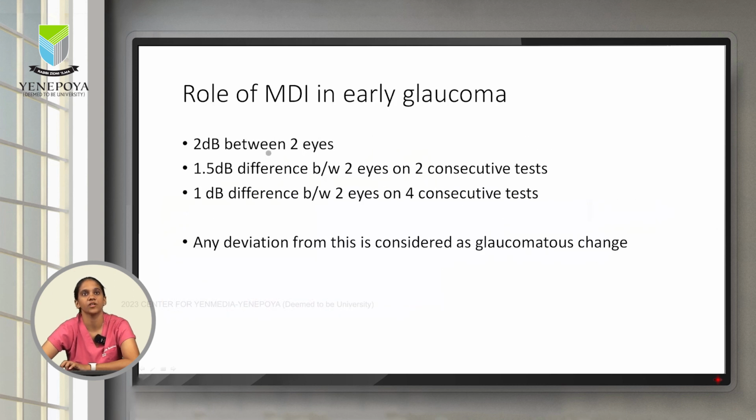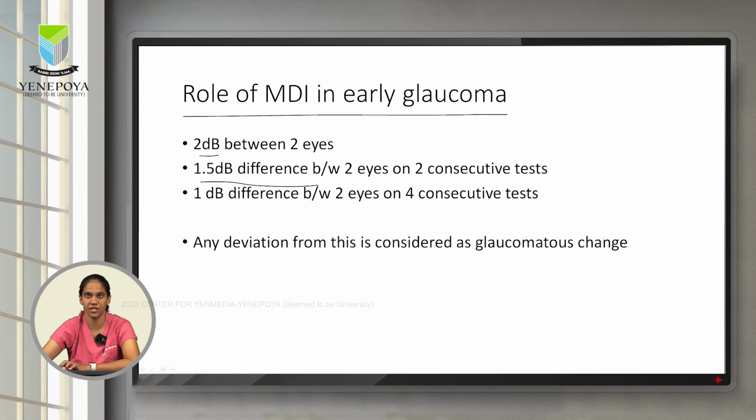So, where do we stand with mean deviation index in early glaucoma? Normally there should be a 2 decibel difference between both the eyes, or a 1.5 decibel difference between 2 eyes on 2 consecutive tests.